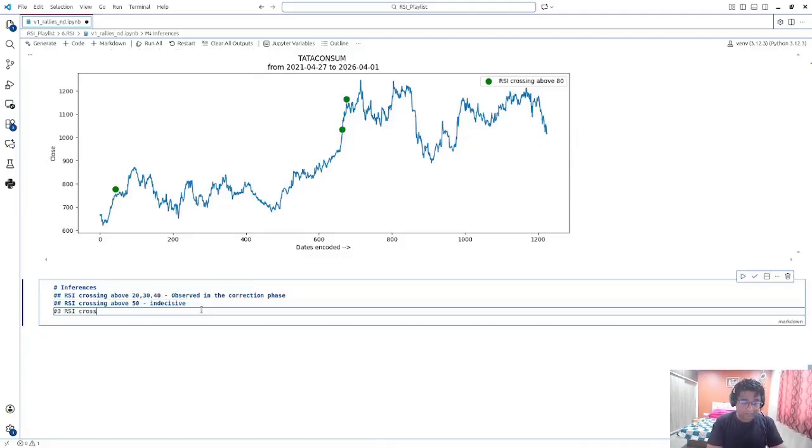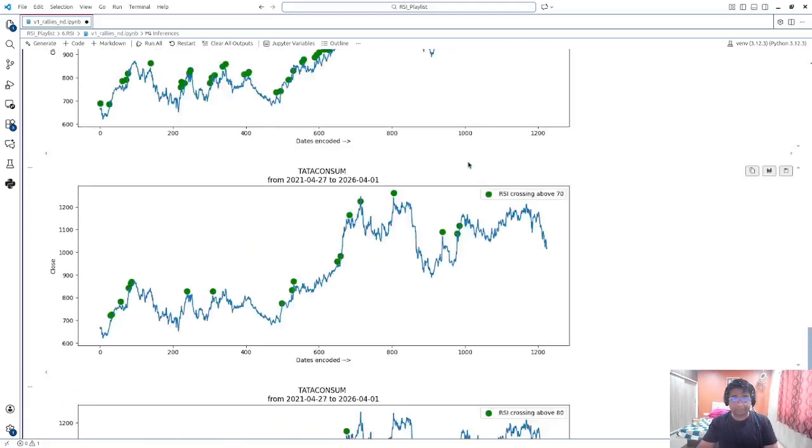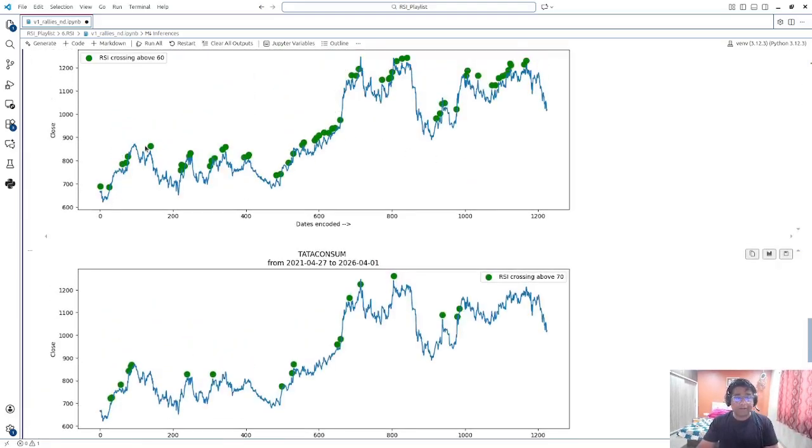RSI crossing above 60, either rally or top. As you can see, either rallies or top.